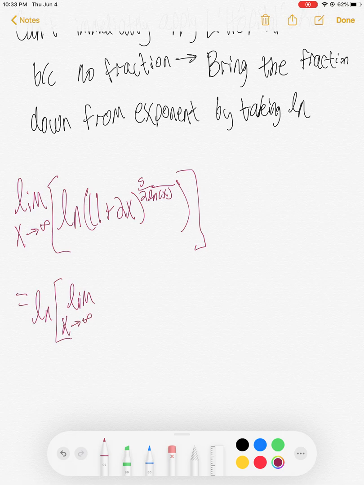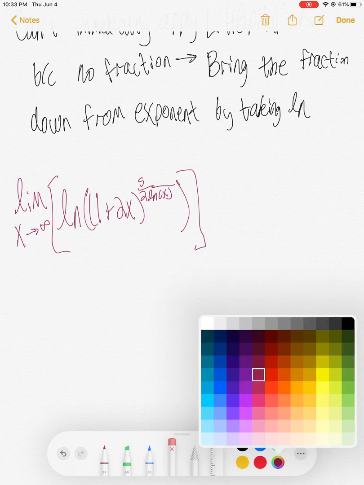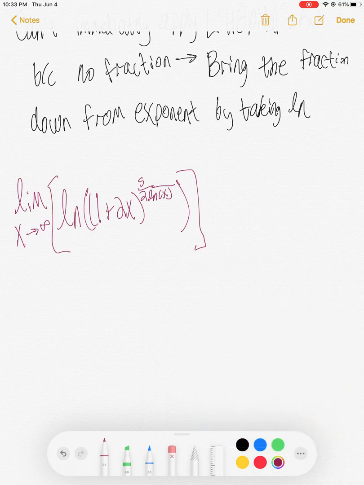Now, again, because limits behave nicely, this is the same as the natural log of the limit as x goes to infinity of the expression. Let's continue with the way that we have it written.